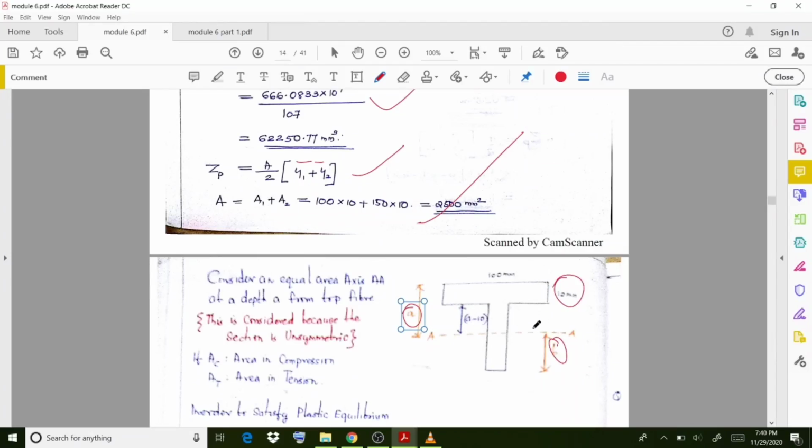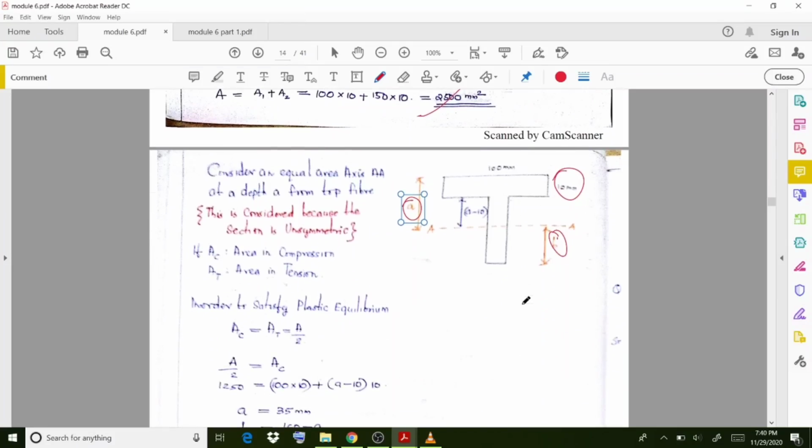So using our equations, AC equal to AT, it is going to be half the total area. The total area is 2500. So if you take the half, 1250, then AC, the area on the compression side, is going to be 100 multiplied by 10 plus A minus 10 multiplied by 10.